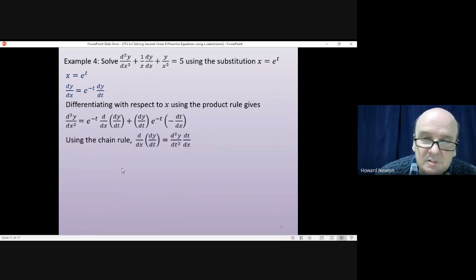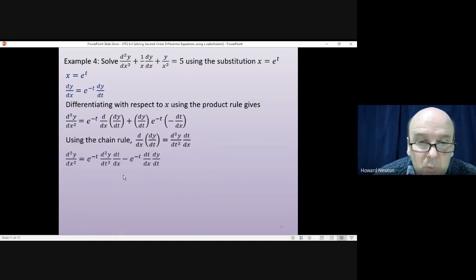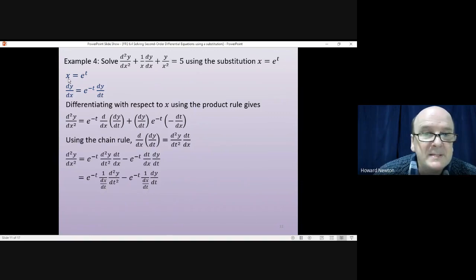Then we have to use the chain rule for second differentials, which is this, which means I substitute in here d2y by dt squared times dt by dx, which gives me that. Then we need to worry about the dt by dx. Well, dt by dx is 1 over dx by dt, and dx by dt is e to the t.